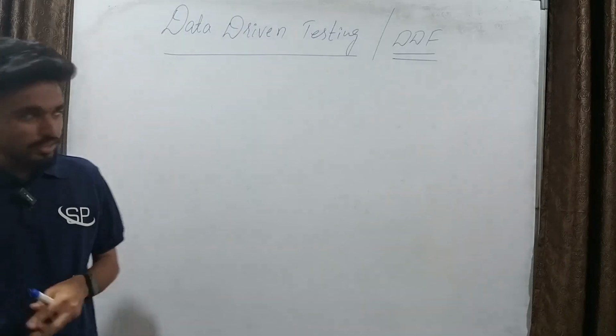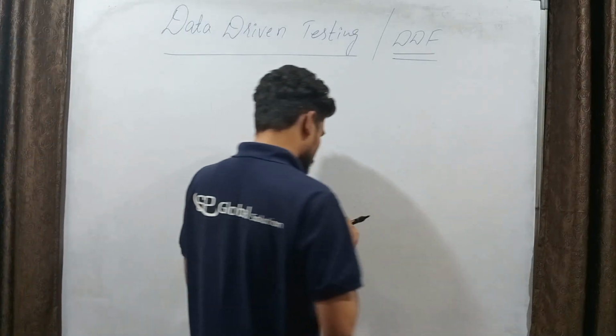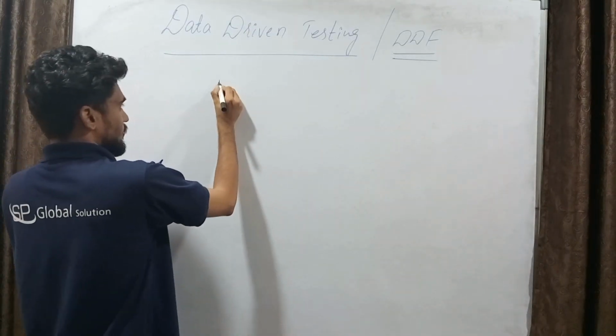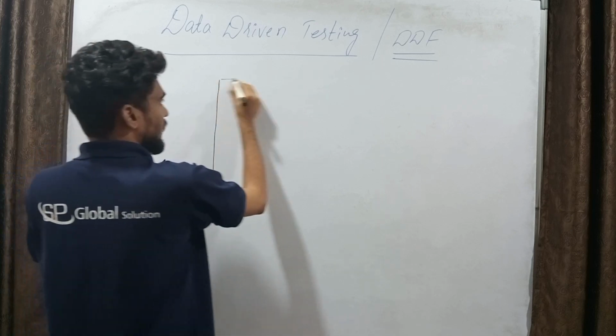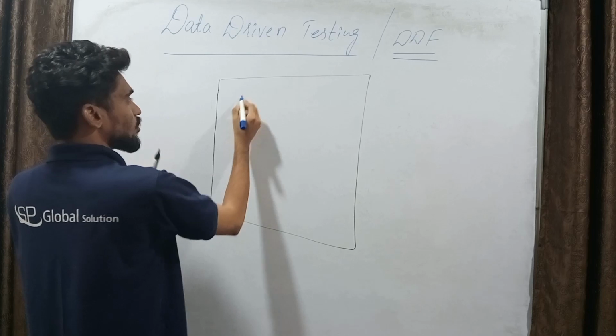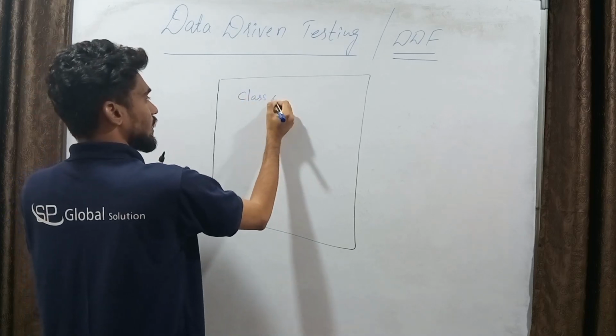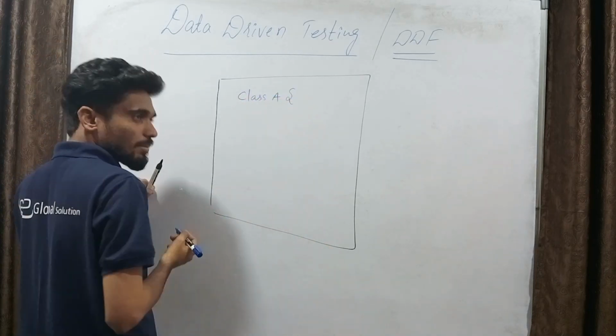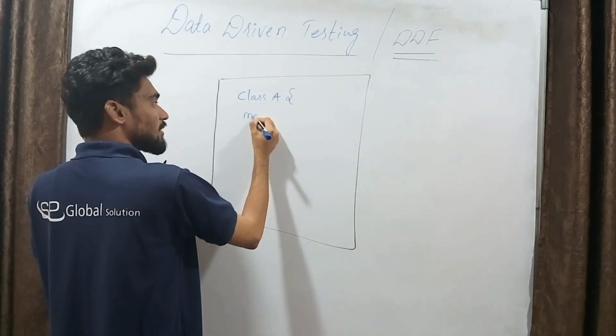Observe carefully. Till now, for example, this is my Eclipse. I am directly writing the program here, class A. Class is there, so the main method is mandatory.